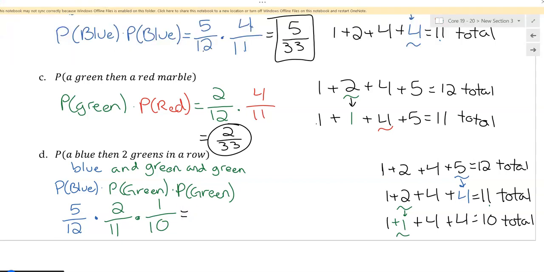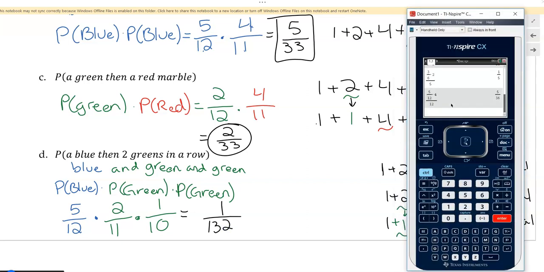You can easily multiply all 3 of them in your calculator. I believe it's 1 out of 132, but I'm going to check because that's a lot of multiplication in my head. 5 divided by 12 times 2 out of 11 times 1 out of 10. Yes, 1 out of 132.